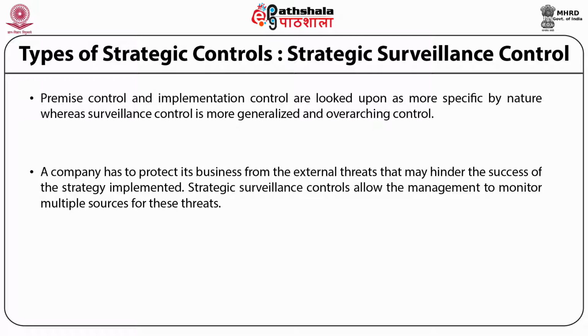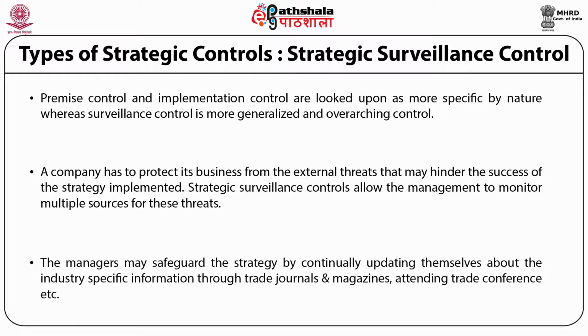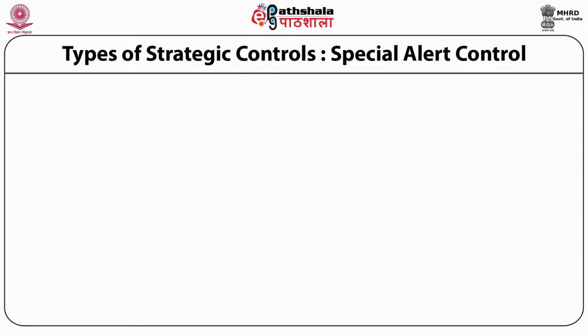Strategic surveillance control allows the management to monitor multiple sources for these threats. The manager may safeguard the strategy by continually updating themselves about industry-specific information through trade journals and magazines, attending trade conferences, etc.